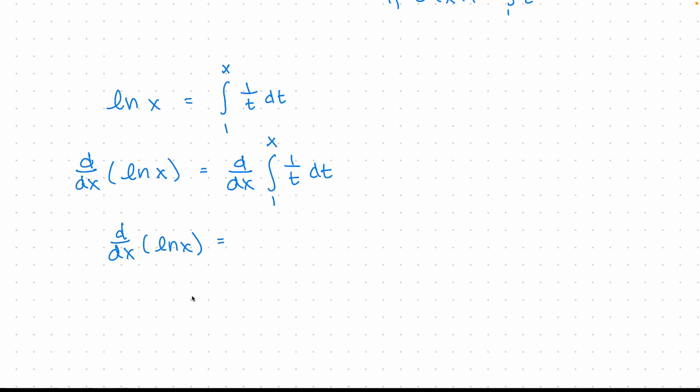Anybody know what the derivative of the integral from 1 to x of 1 over t dt is? Perhaps using a theorem from last unit? A pretty important theorem, like a fundamental theorem, Trey? Is it 1 over what? It's 1 over x. Remember the fundamental theorem of calculus?